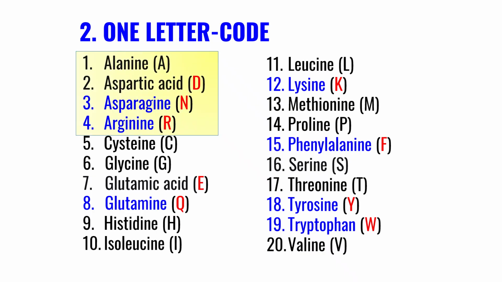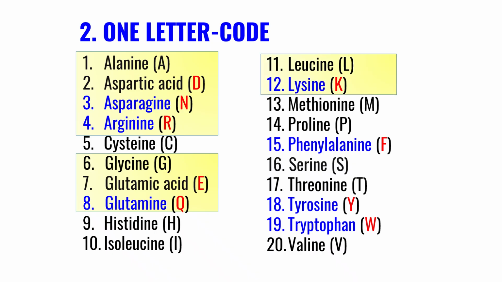The first four amino acids start with A. Alanine has been assigned A, whereas the remaining three which start with A have been assigned different letters. For aspartic acid it is D, for asparagine it is N, for arginine it is R. The second group starts with G, so glycine is G, glutamic acid is E, and glutamine is Q. So these are again the discrepancies.